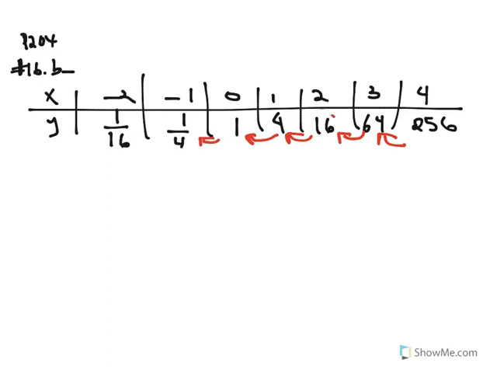Let me start with the easy ones. 16 minus 4 is 12. 4 minus 1 is 3. So right away I see that this function is not a linear function because right here I don't have a constant rate of change. Okay, so why don't we check if this function represents an exponential function.